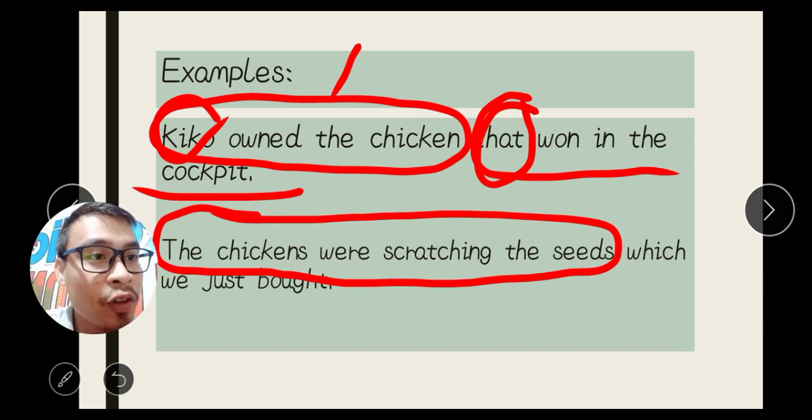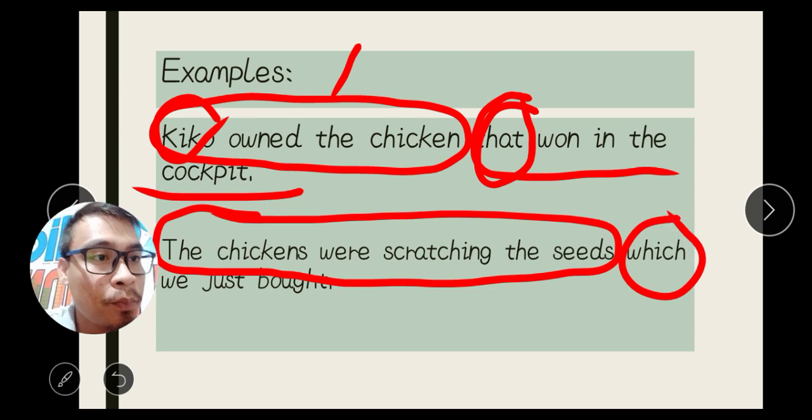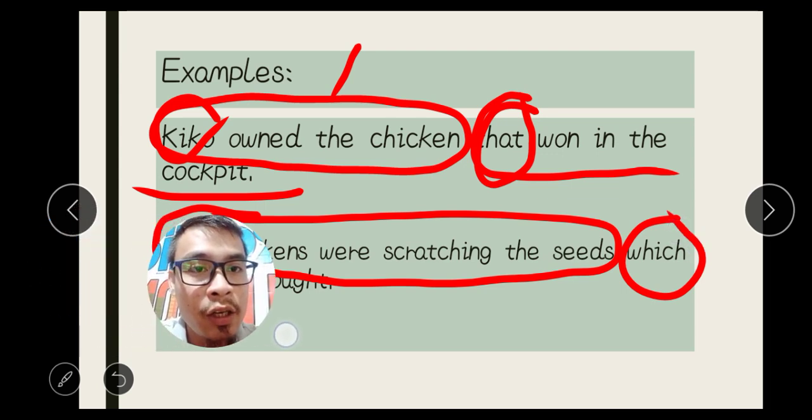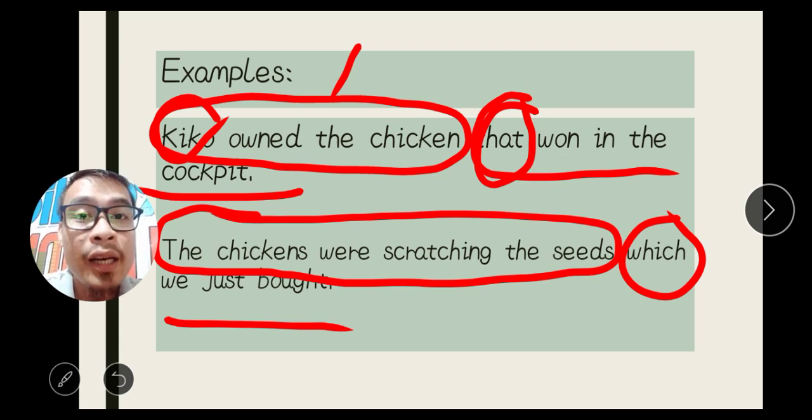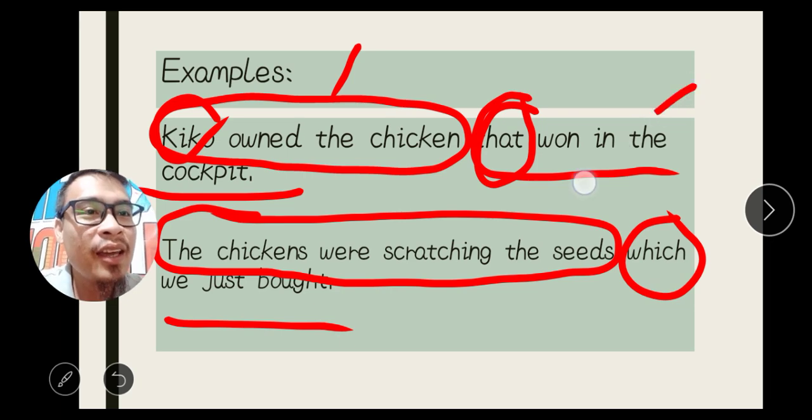And starting from this relative pronoun until here is our subordinate or dependent, meaning it cannot stand alone because it must need an independent to complete the thought or idea. So that's it.